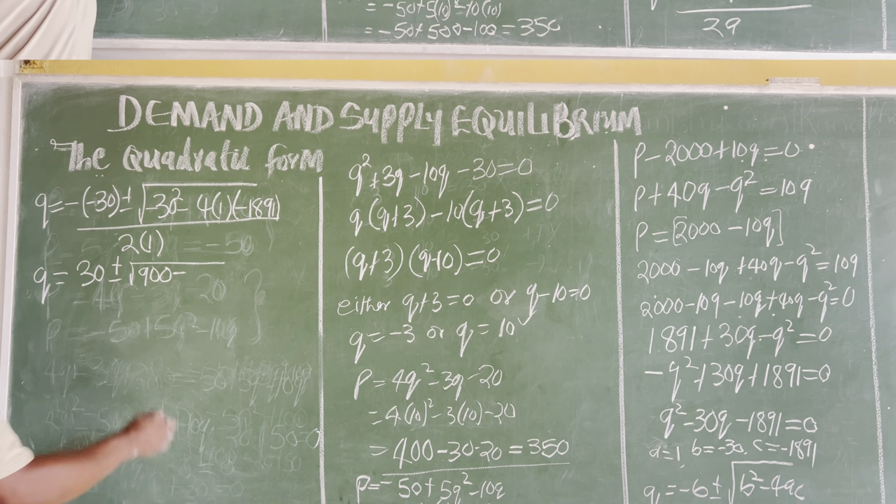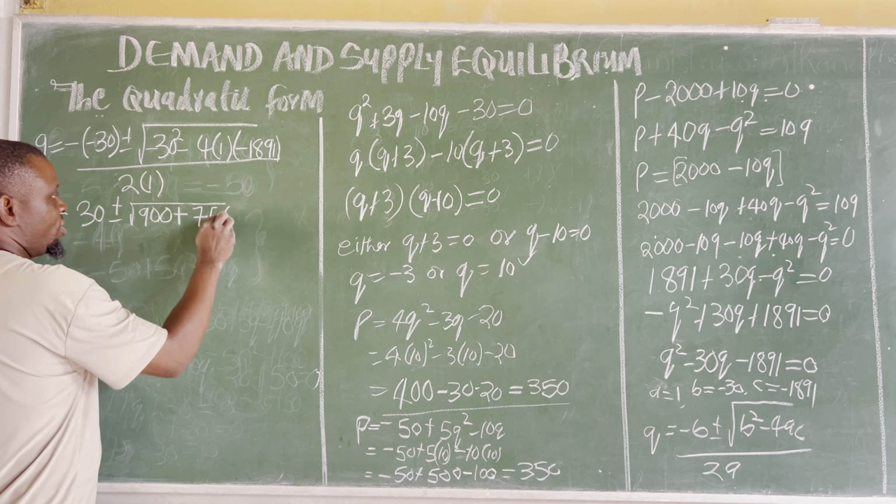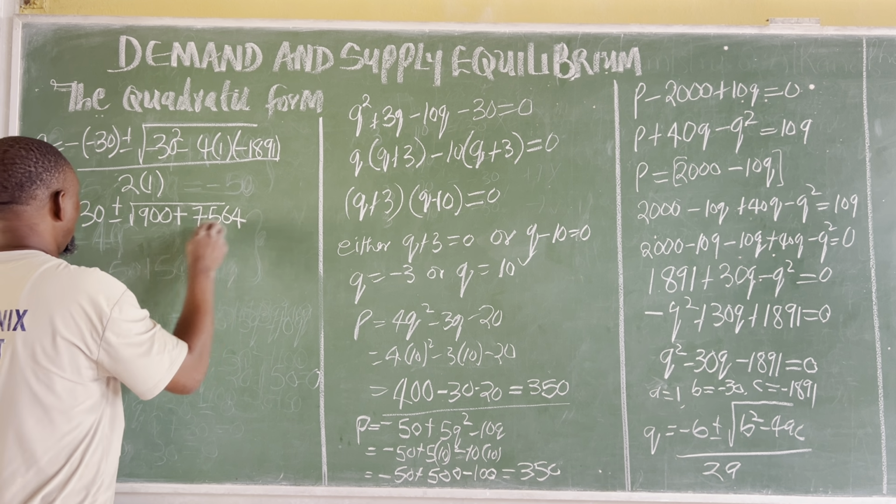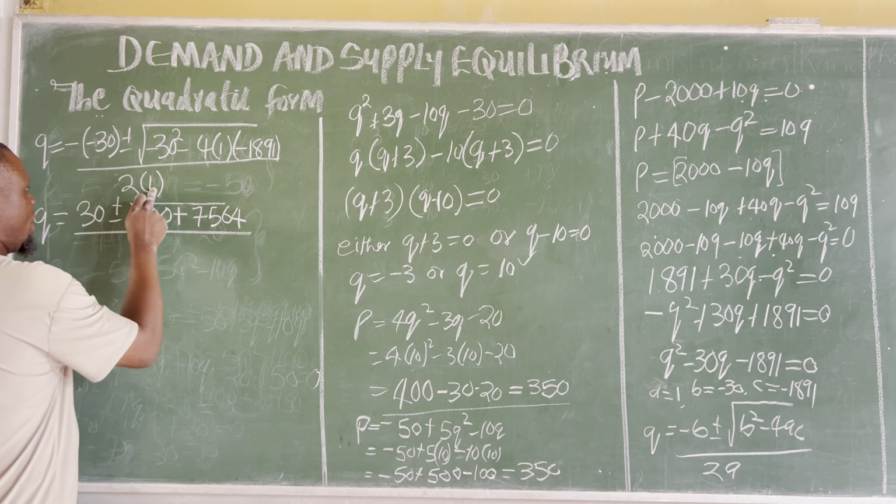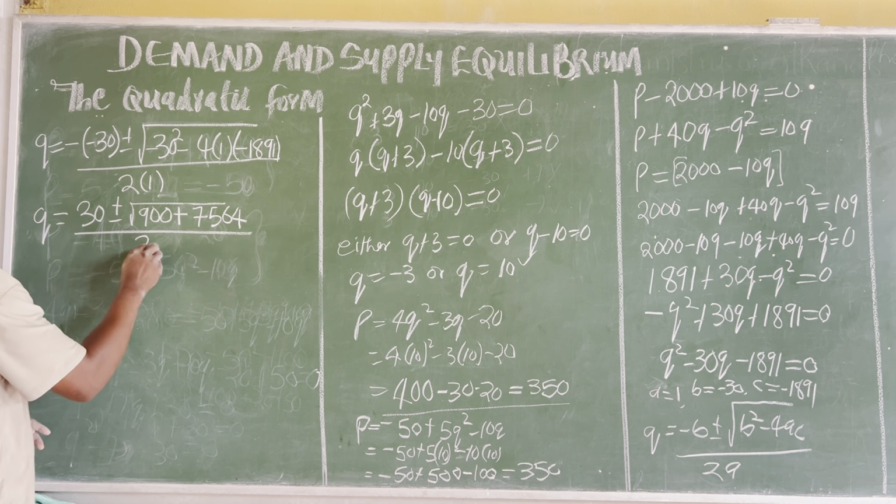That will give us 7564, all over 2 times 1, which is 2.